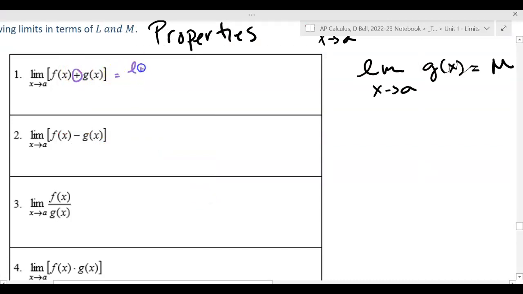I'm going to rewrite it as two limits: the limit as x approaches a of f of x plus g of x. The limit as x approaches a of f of x is L, plus the limit as x approaches a of g of x is M. So we would find the limits separately, then add them together.